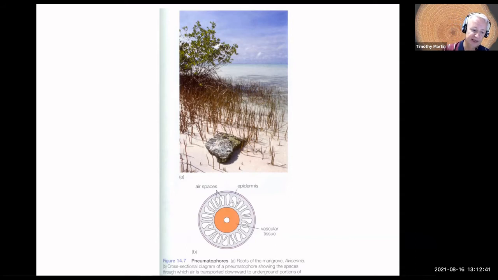So in some species that have inundated root systems, you'll see the formation of aerial roots or pneumatophores. They'll have specialized structures within them that allow the transport. There are large pore spaces in those pneumatophores that allow the diffusion of oxygen down into those root systems.